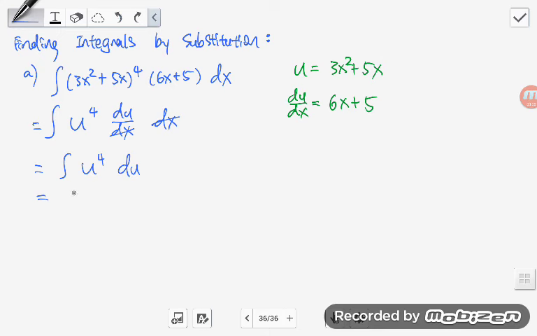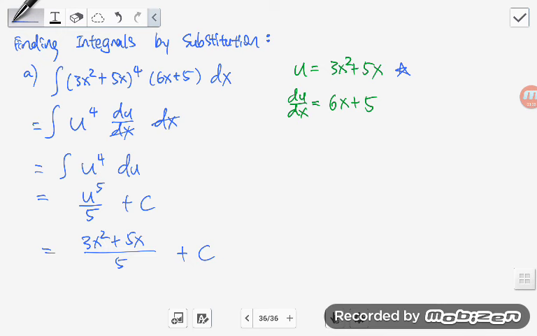So now the answer. If I continue with this, I'll get u to the power of 5 over 5, plus c. And now, what's my u? My u is 3x squared plus 5x, so I'll get (3x squared plus 5x) to the power of 5 over 5, plus c.